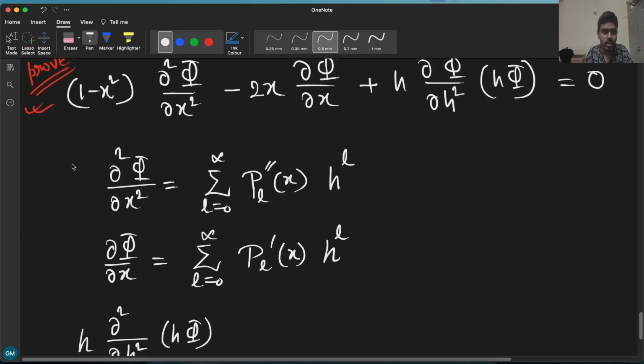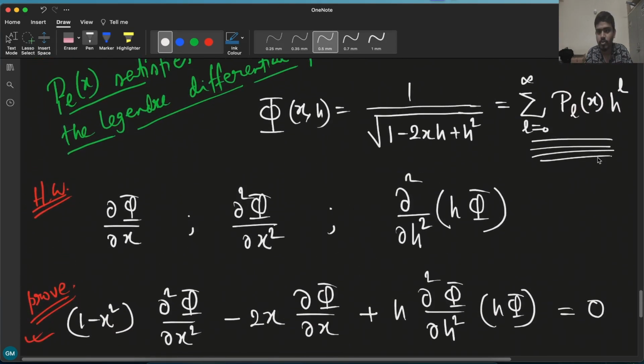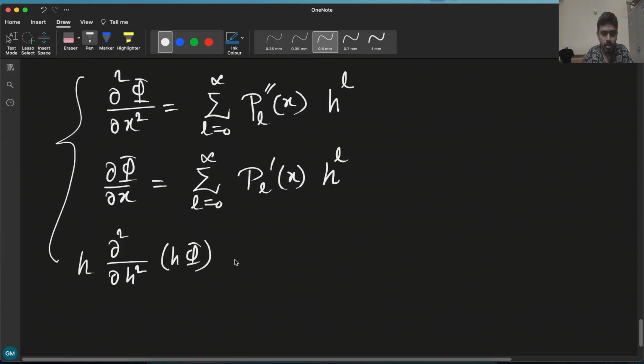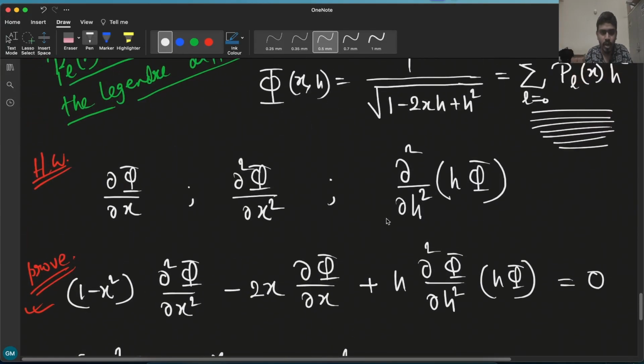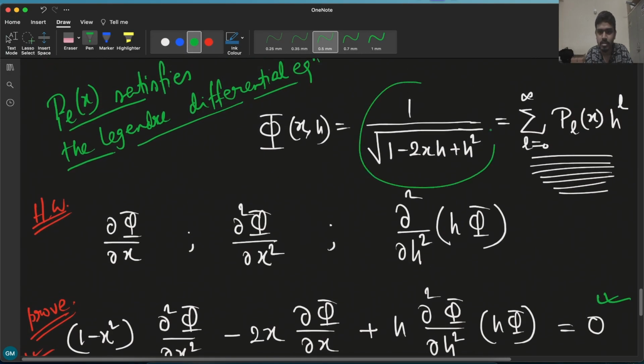So throughout these calculations I am assuming phi as this, and when you prove this expression, you need to assume phi as this.